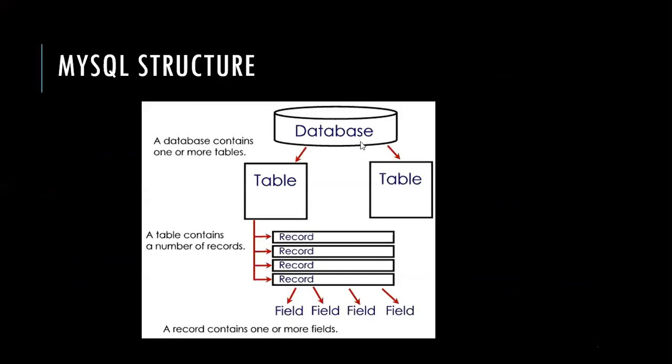We will have the databases, and under the database we will have the tables. You can create multiple tables. In a MySQL server, you can create multiple databases. Every database will have one or more tables. Every table will have one or more records. And in every record, we may have multiple fields.